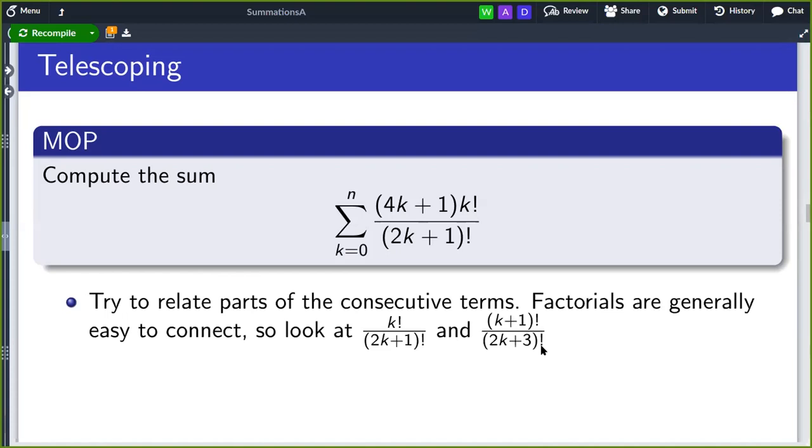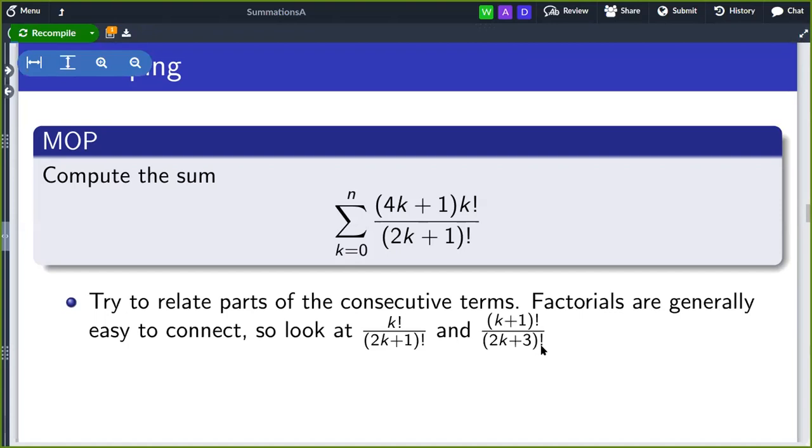Feel free to type in the chat any relationship between these two expressions. So taking the difference is a good idea, but as Brian said, we're just going to find the ratio between these two.